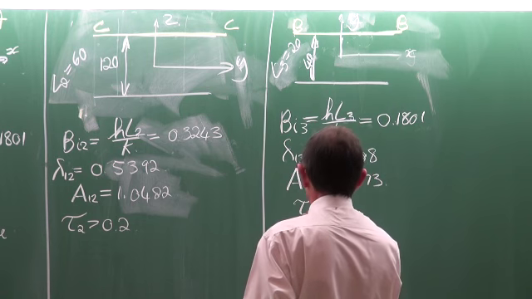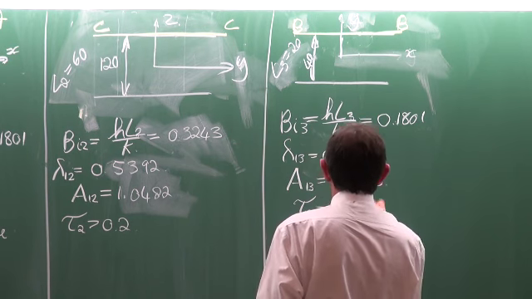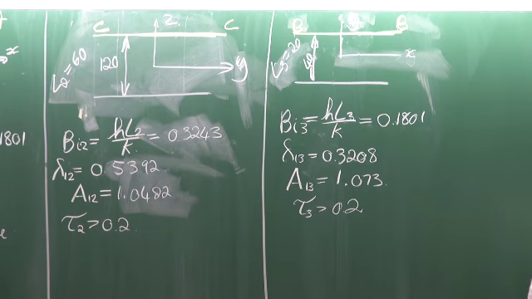And the tau would be the third one, again making the assumption of 0.2.